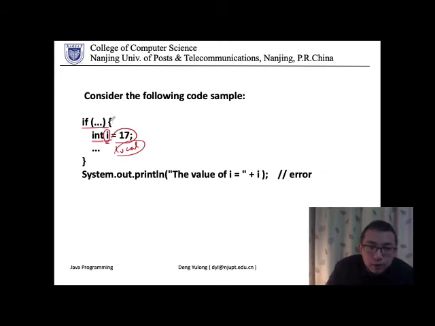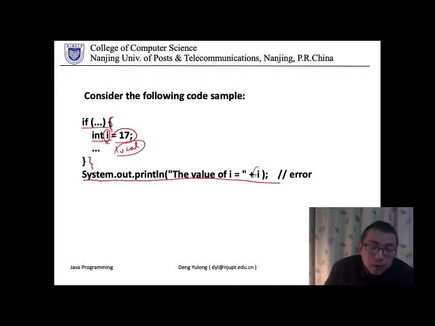Here's the code block, the begin and the end. Outside this code block, we cannot access this variable anymore. Outside this code block, we have statements that print out a string to the screen.